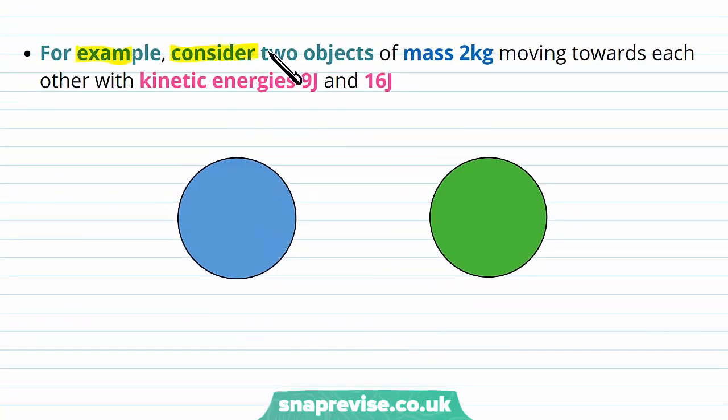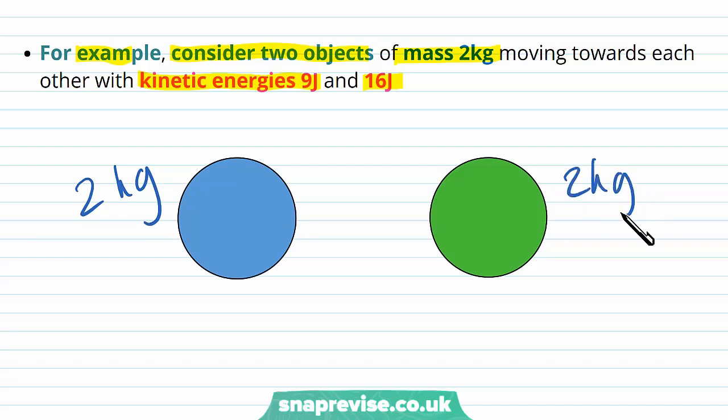For example, consider two objects of mass 2 kilograms moving towards each other with kinetic energies 9 joules and 16 joules. So we've got two objects, masses 2 kilograms each, and we've been told that before these two balls collide, they're moving towards each other with a certain velocity, we're not interested in that.